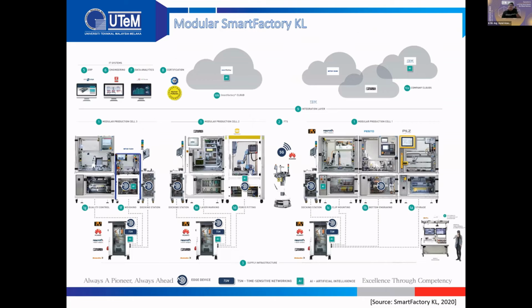And this is the example of the modular smart factory that we have shown in the video. You can see that it's also based on modularity, and due to the modularity of these stations, it's possible to have a reconfigurable element or aspect.